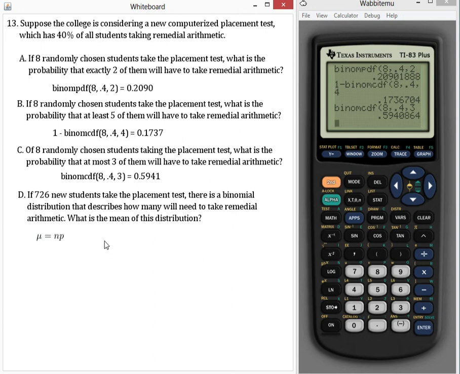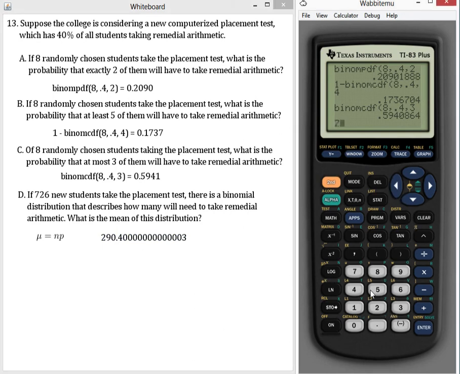So in this case, we have 726 students, and our probability of success is still 0.4. So if I take 726 times 0.4, then I get 290.4.